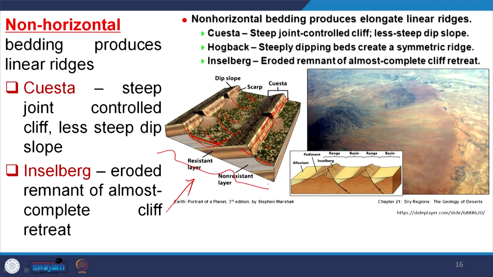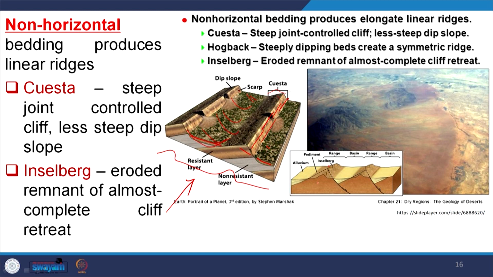This is called a cuesta, and this is a scarp. This is a resistant layer, and this is a non-resistant layer. The cuesta is a dipping surface, with a steep joint-controlled cliff and a less steep dip slope. Then the inselberg is another form: the eroded remnant of almost complete cliff retreat.